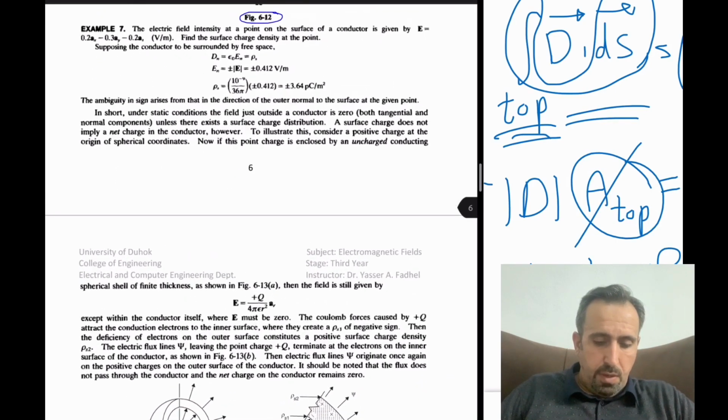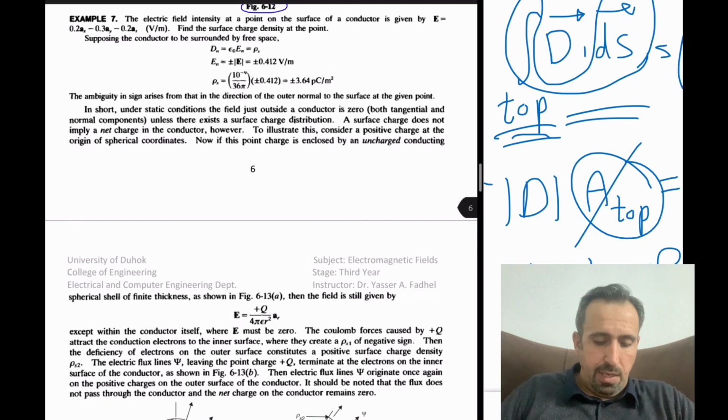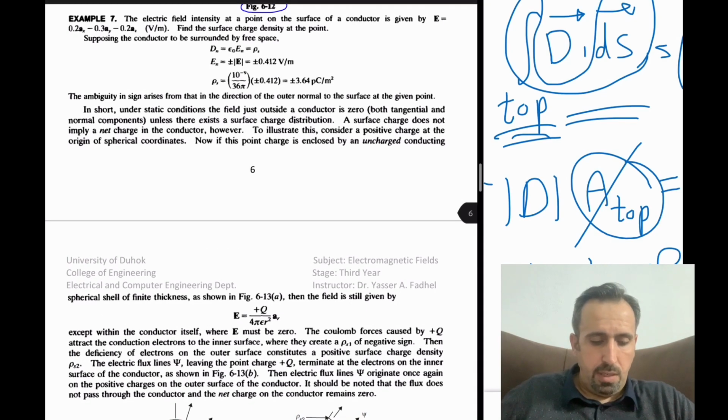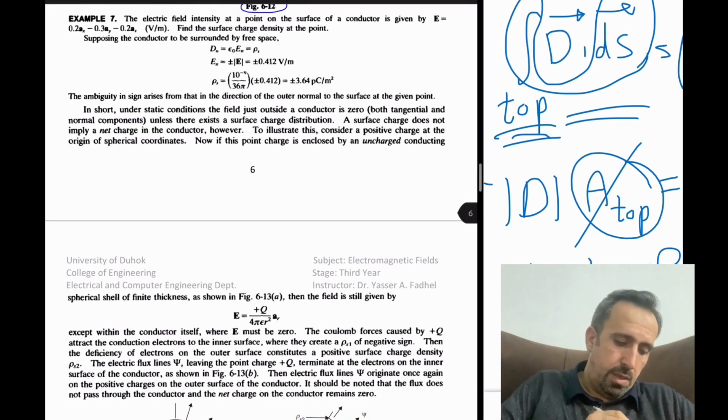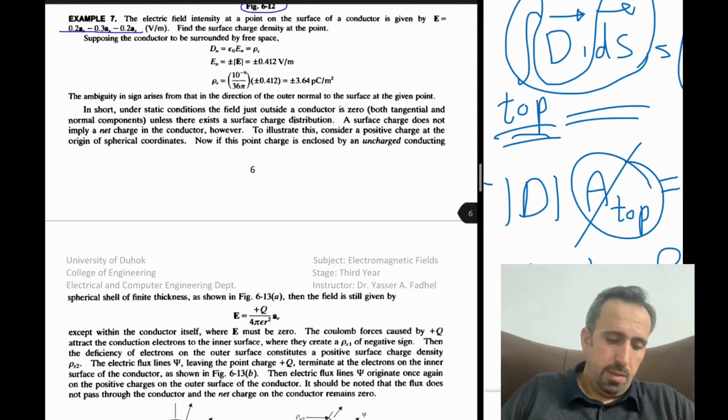You can solve example number 7 very easily. It says that you are given the electric field to be this value. Find the surface charge density at that point. So the electric field, as mentioned, at a point on the surface of a conductor is given by this value.